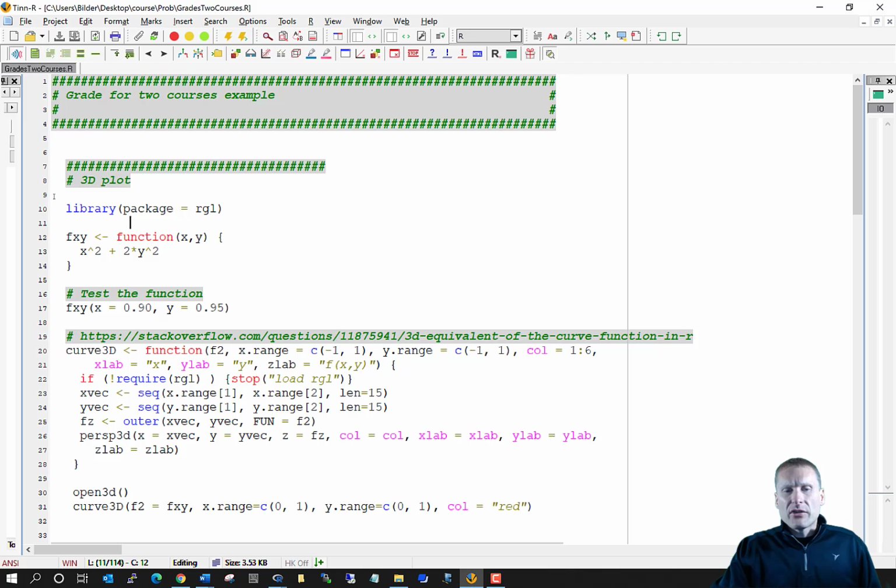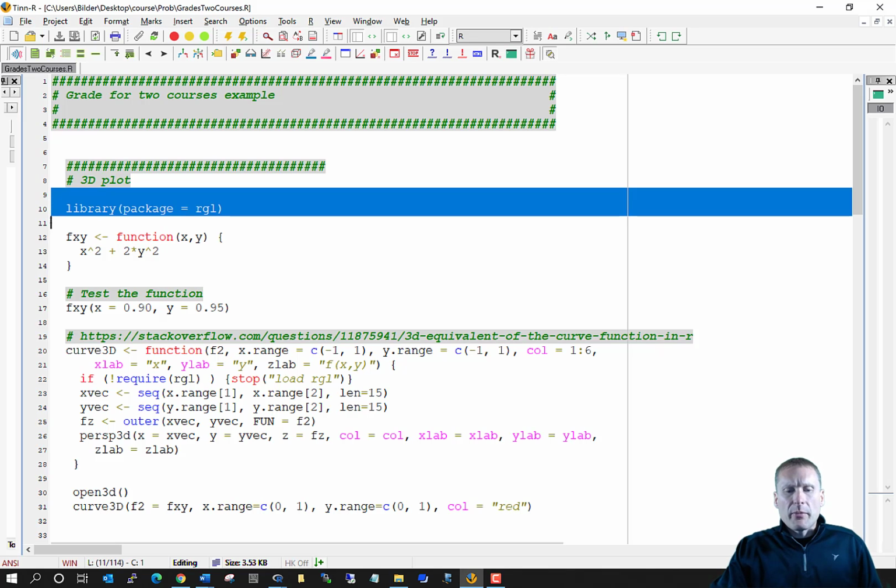And to use this particular function, we need to use a package called RGL. This is a package that you'll need to install yourself so you can actually use it. And in our introduction to R set of videos, we talked about how to do that.